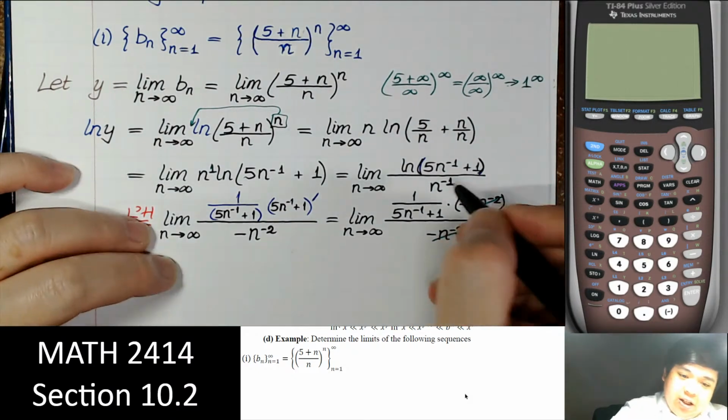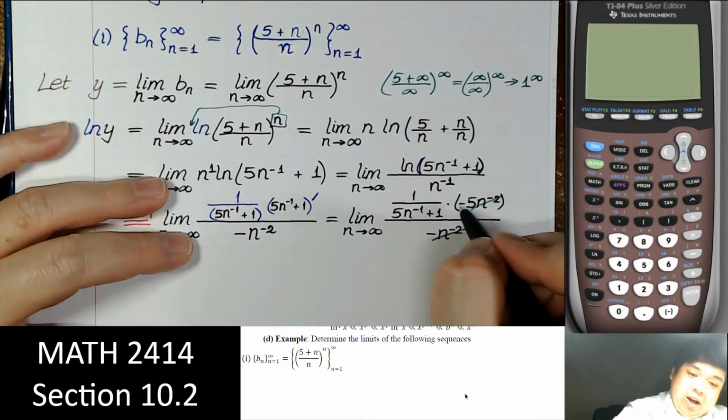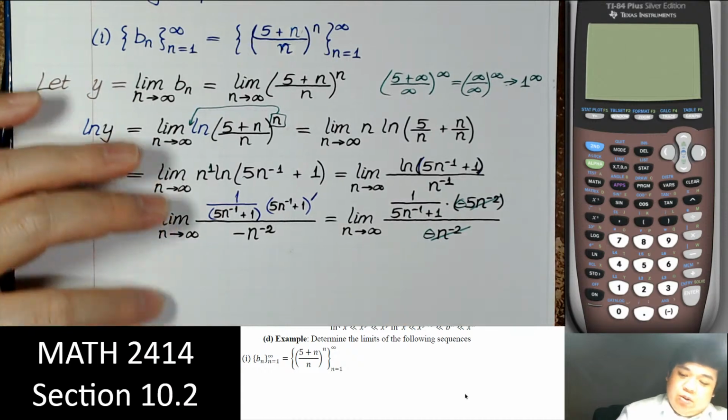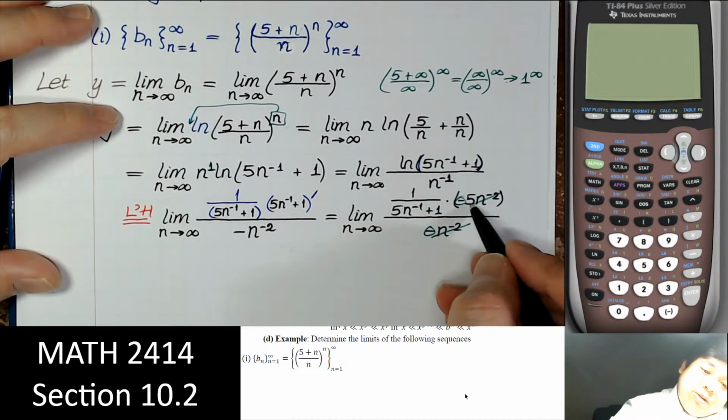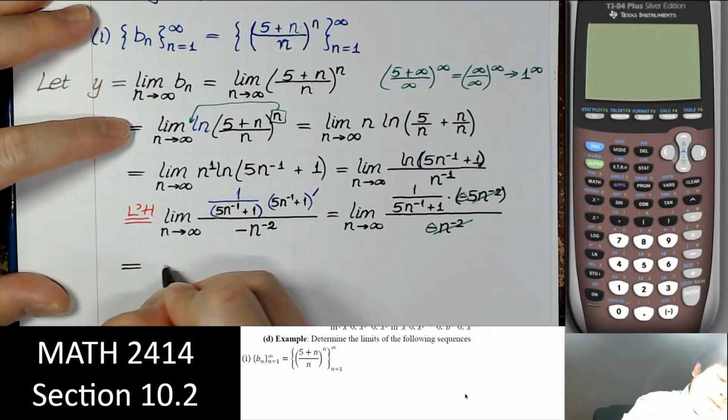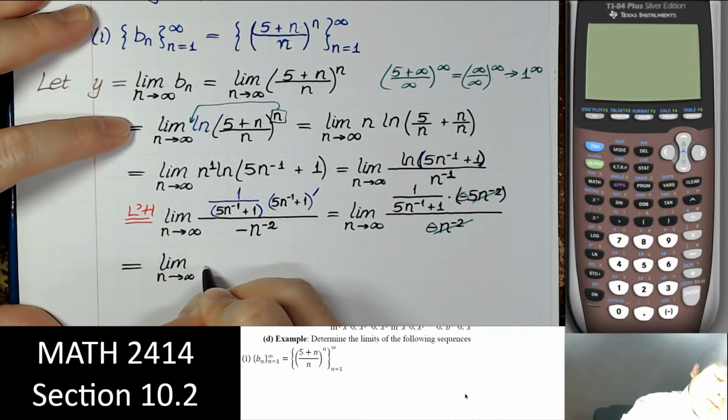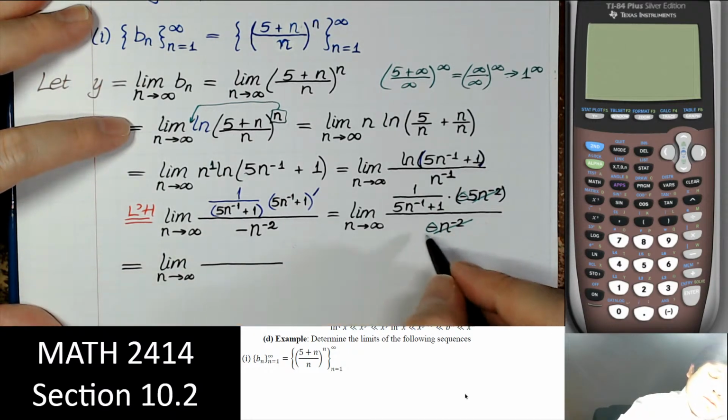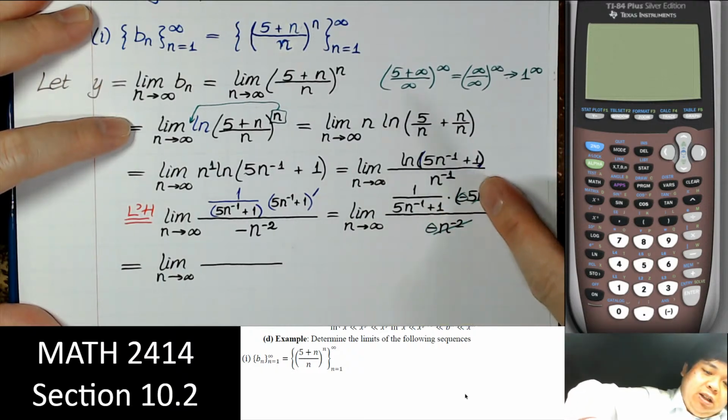Cancel those out. Even the negative and the negative cancel out as well. So we just have 5. That cancel completely.